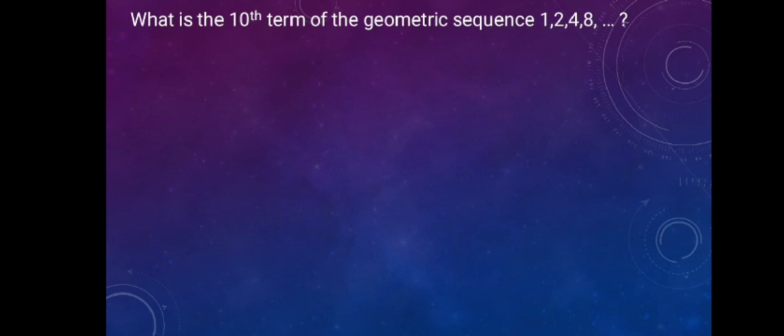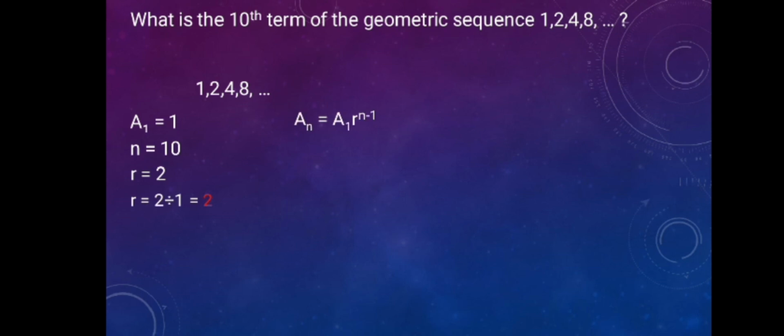So, let's solve. What is the 10th term of the geometric sequence 1, 2, 4, 8? So, the first term is 1, and the number of terms is 10, and the common ratio is 2, because 2 divided by 1 is equals to 2.